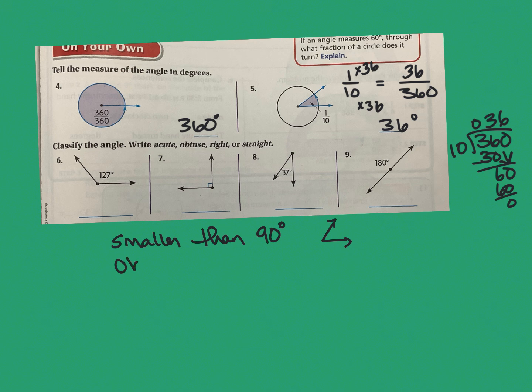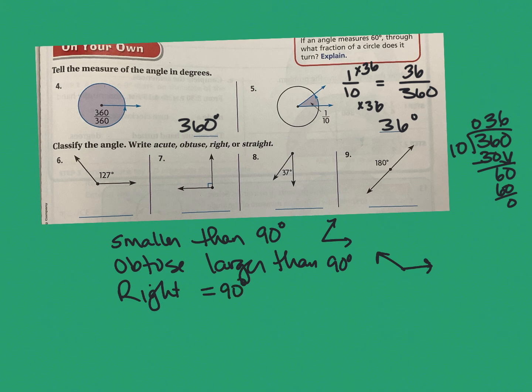An obtuse angle is larger than 90 degrees. That's the one that's leaning back. Right angle, we talked about before, is exactly 90 degrees, no more, no less. And a straight angle is exactly 180 degrees, no more, no less.